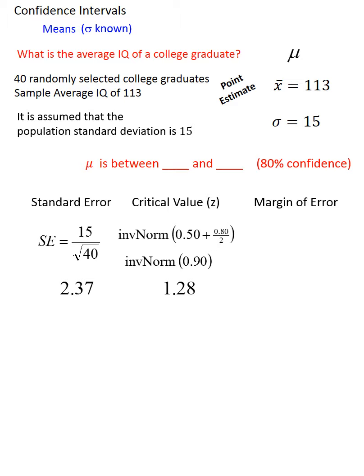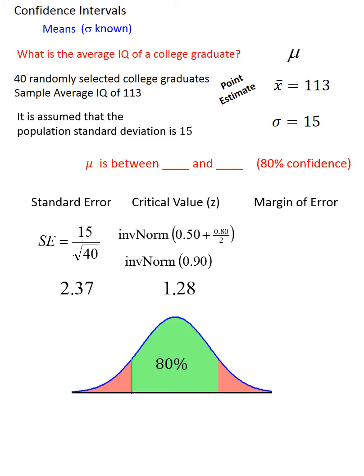But it's helpful to have a broader understanding of what this actually means. What does the 1.28 mean? The meaning of that is that in order to make an 80% confidence interval, my point estimate can be off by as far as 1.28 standard errors. And to give you a broader sense of what all of this represents, imagine the following.